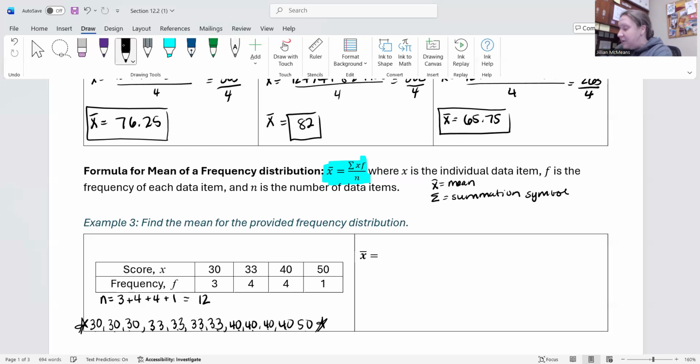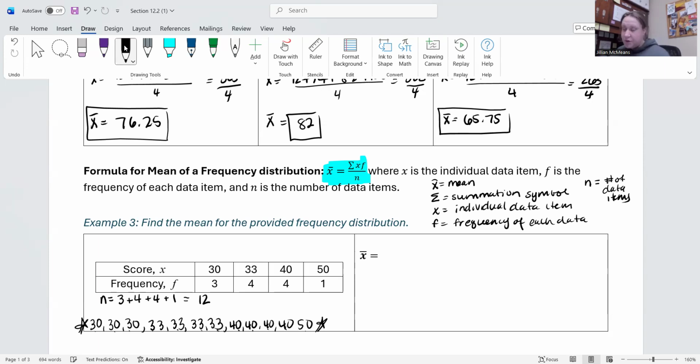And what we have now is X times F. Well, remember, X is each individual data item. And then F is the frequency of each data item. So basically, we take each data item, multiply it by its frequency, and then add up those products. And then just don't forget we divide by n, which is the number of data items in the list.